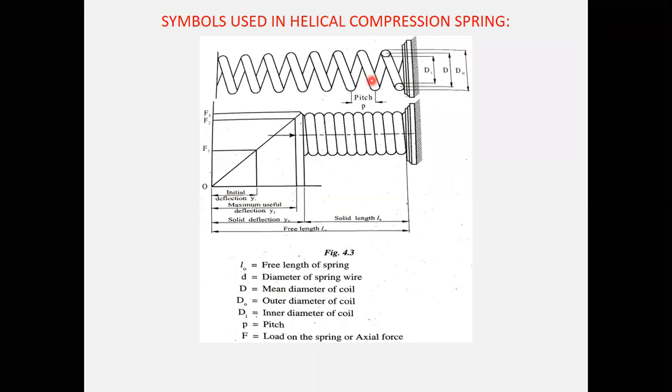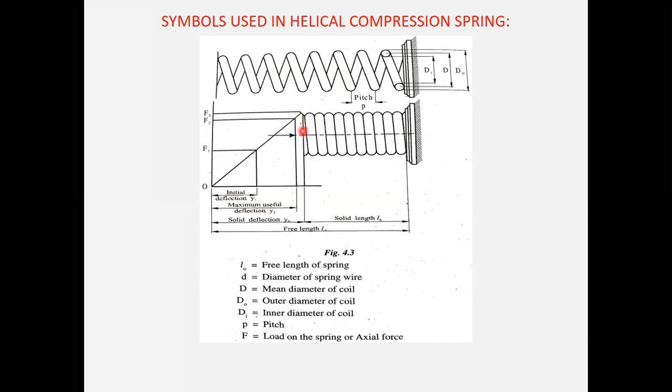In a button pen you can see the spring; you take it outside. If you keep it open, then it is the unloaded condition. That will give you the free length.